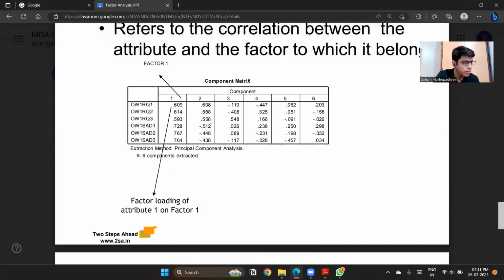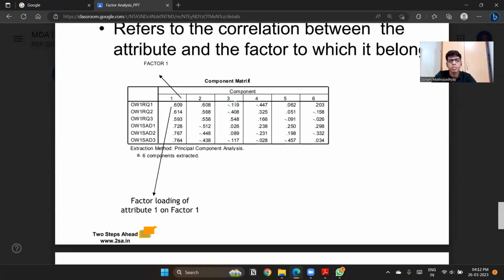Now you will have to figure out, using the factor loadings, which variable is more highly correlated with which factor. As you can see, this attribute 1 is clearly more highly correlated with factors 1 and 2 as compared to 3, 4, 5, and 6.